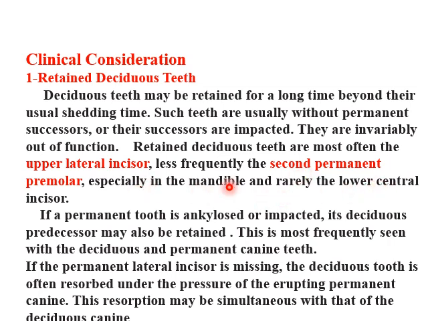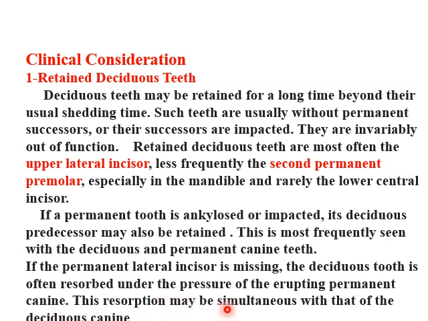If the permanent tooth is enclosed or impacted, its deciduous predecessor may also be retained. This is most frequently seen with the deciduous and permanent canine teeth. If the permanent lateral incisor is congenitally missing, the deciduous tooth is often resorbed under the pressure of the erupting permanent canine.